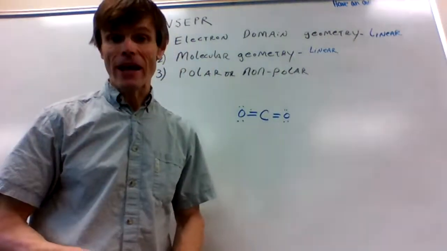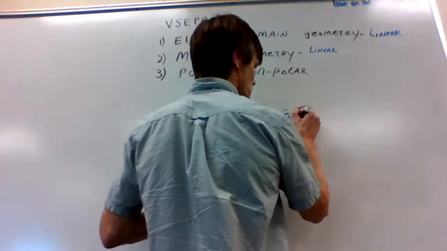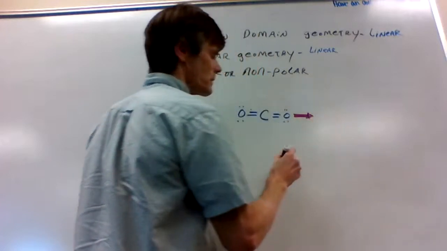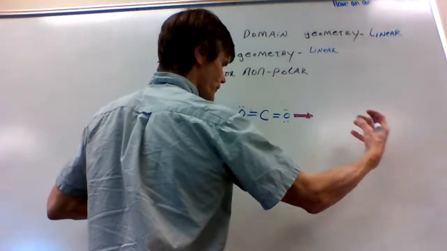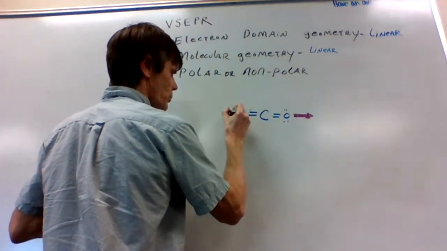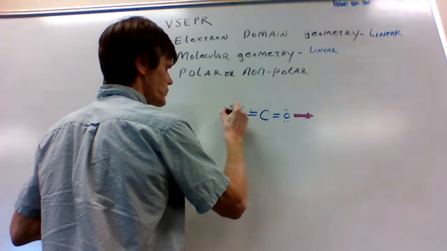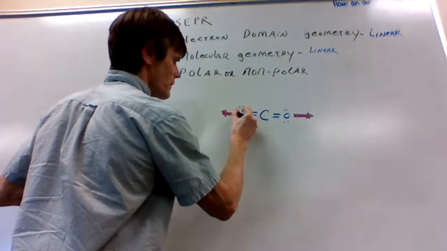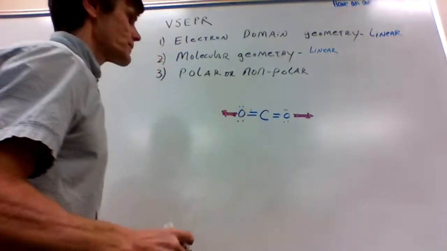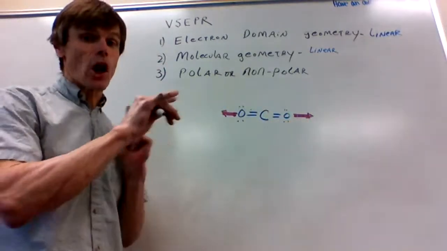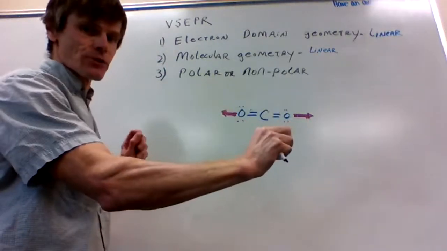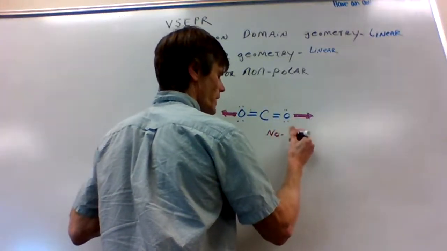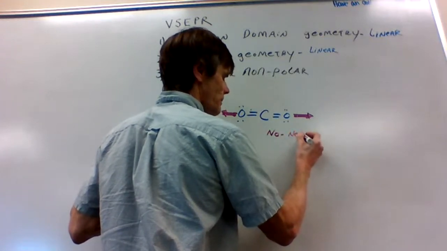Oxygen is more electronegative than carbon. Oxygen pulls electron density to the left, to the right, and it pulls it equally in an opposite direction to the left. Now notice this equal pull of electron density in opposite directions cancels the net dipole out, and we end up with no net dipole moment.